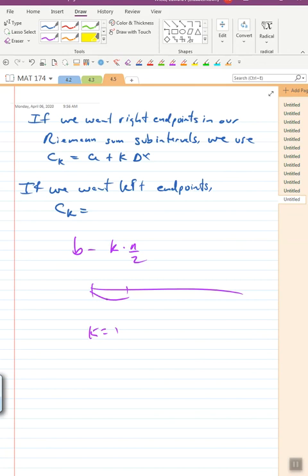You want to be in that first subinterval. But if you're starting over here at B and you want to be back here, you're going to have to subtract, you mean n over 2, or yeah, let's make that 2 over n. So you'd have to subtract that many times to get all the way back to the beginning. And you could certainly write a formula like that. So that's good thinking. Let me push you in the direction I kind of want you to go here. What would I have to add to A to get to each one of these?